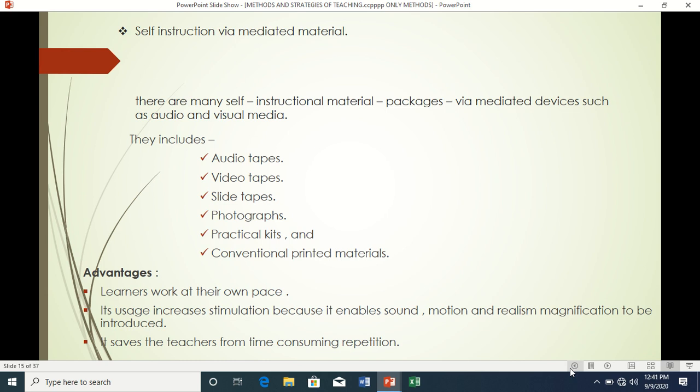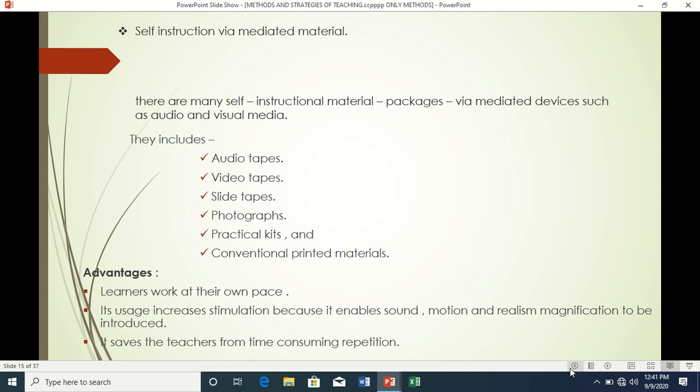Now, because of the self or mediated material, the learner is going to use such materials to learn with a little or even no assistance from the teacher.